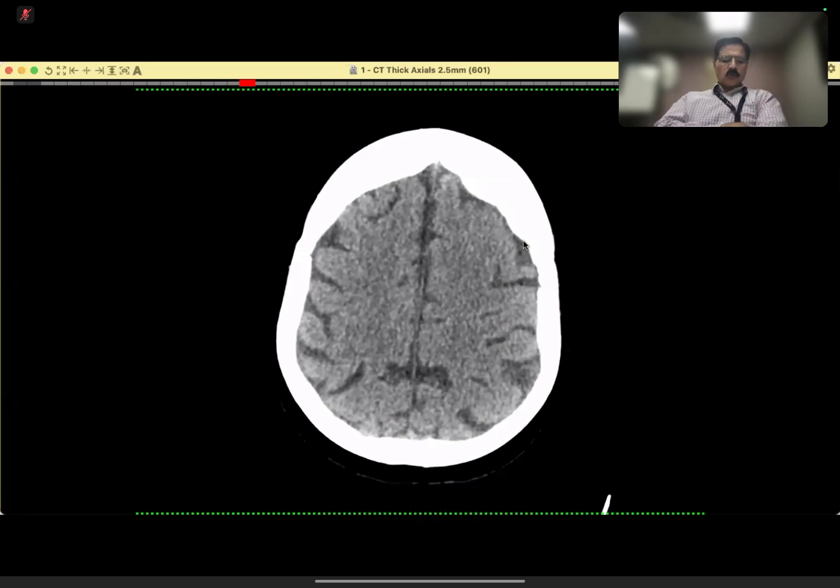So they have said rule out possibility of intracranial hemorrhage.